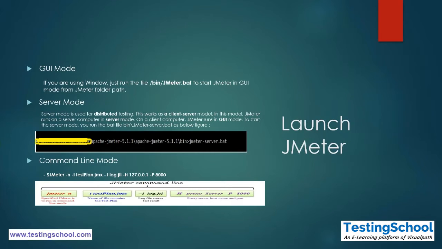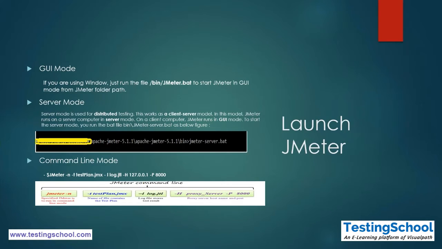Why? Because if you run the actual load test in GUI mode, it will create lots of data in the JMeter log file, and it can take up all the system resources where JMeter has been installed. That's why it is always advised to run the load test in command line mode.